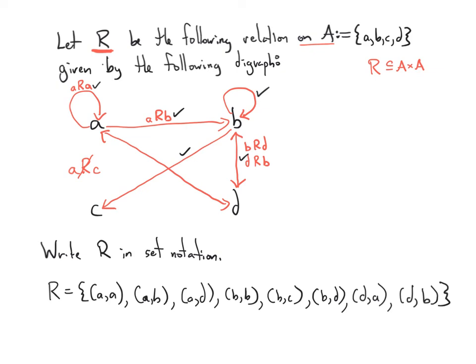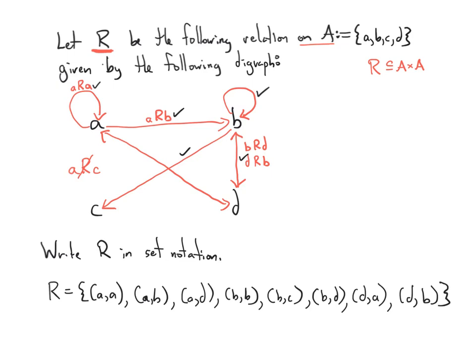This is our relation. Again, there's no real rule that I came up with. I just wrote down the relation as a digraph, and here are all the ordered pairs that are elements of our relation R.